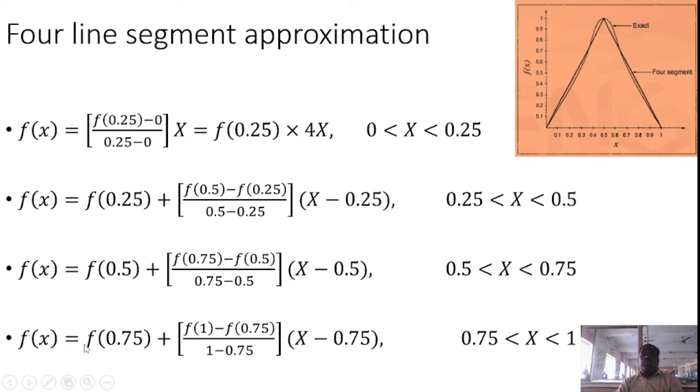F of x is equal to the starting point of the fourth line segment, 0.75, so f of 0.75 plus the square bracket, the end of the fourth line segment is 1, so f of 1 minus the start of the fourth line segment, 0.75, so minus f of 0.75 divided by the same point I represented here, 1 minus 0.75, into the total domain x minus 0.75, which is the previous one, so x minus 0.75. I can get the fourth line segment approximation.